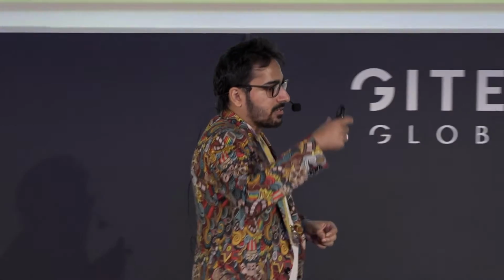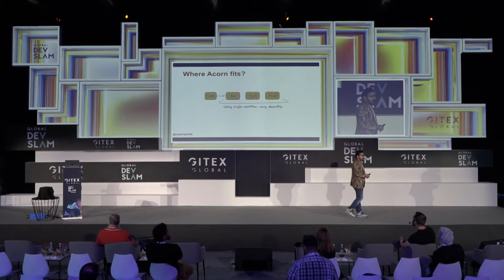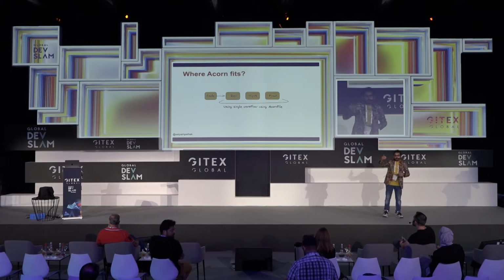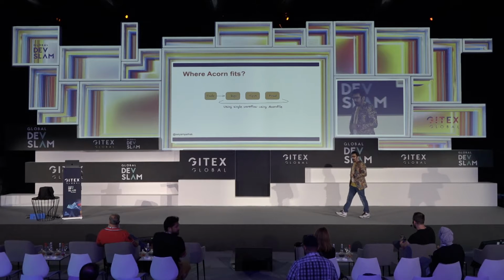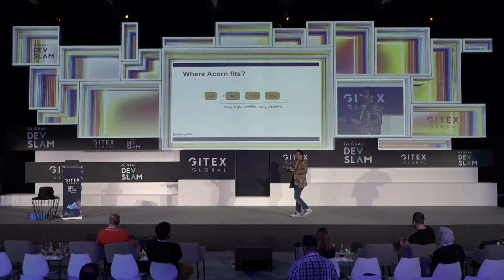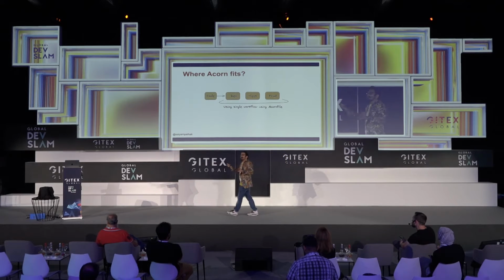So this is the area where we are seeing a lot of companies doing some sort of innovation, because they want a single file or a single way to describe your application, and then it should be deployed to any Kubernetes cluster. Now that's where Acorn fits in. Acorn lets you deploy your application on Kubernetes across environments using a single file.